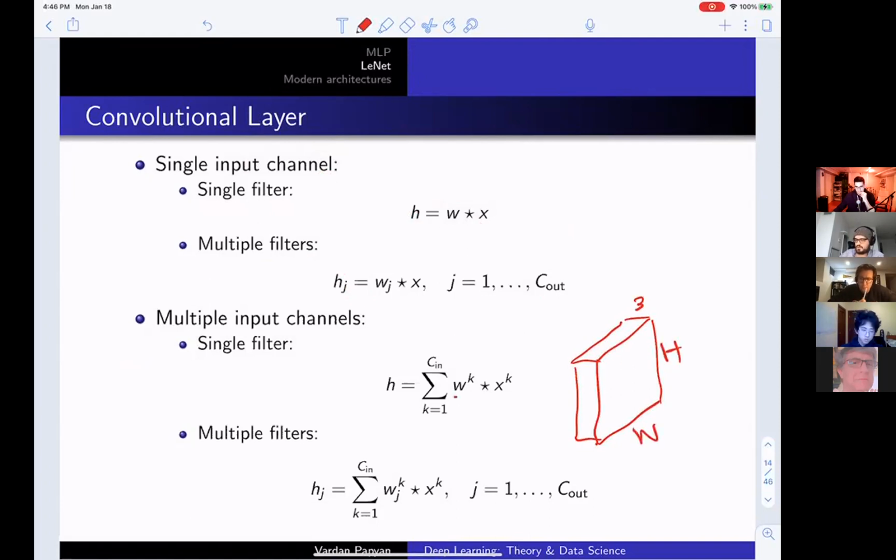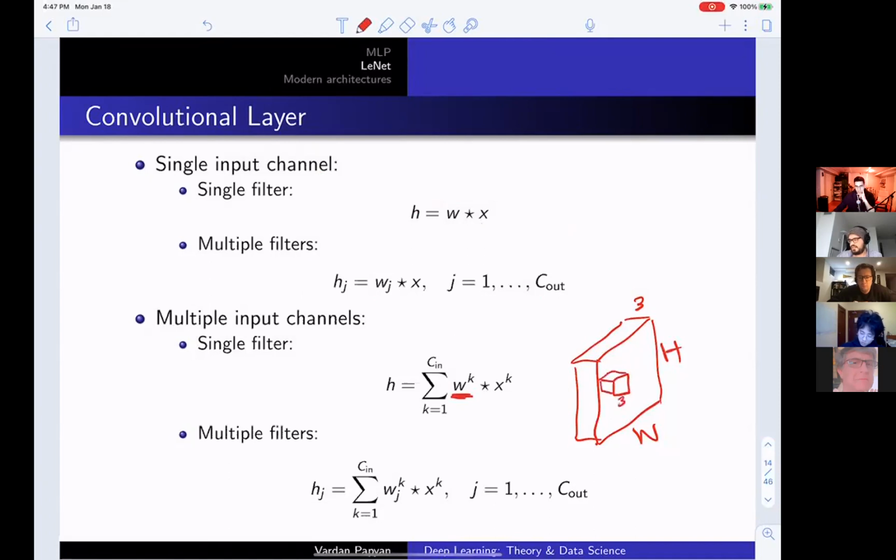Now, in this case, what would be the dimension of WK? If you want to convolve WK with an image which has 3 channels, for example, it could be 3 by 3 by 3.